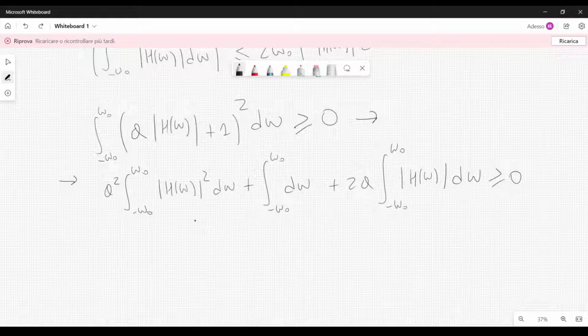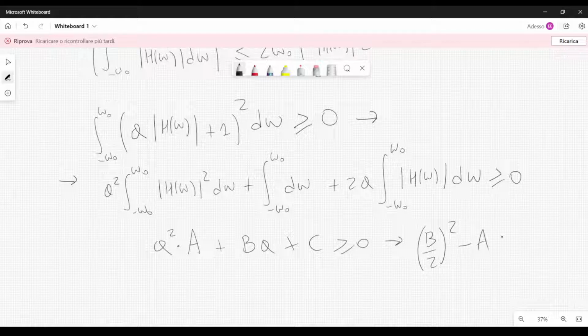Therefore, this means that the discriminant of this polynomial will be less than or equal to 0. So if we write the polynomial in this form, a squared times capital A plus b times a plus c greater than or equal to 0, this means that b over 2 squared minus A times c is less than or equal to 0. So this is the discriminant of the polynomial.